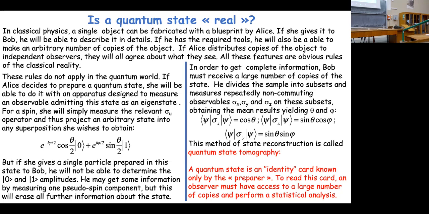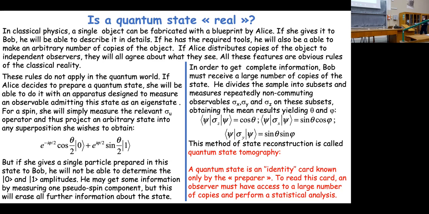So in fact, you see that in this way, a quantum state is an identity card for a system on which you perform repeated measurements on the same copies of the system. So a single quantum state cannot be recognized unless you have a large number of states available.